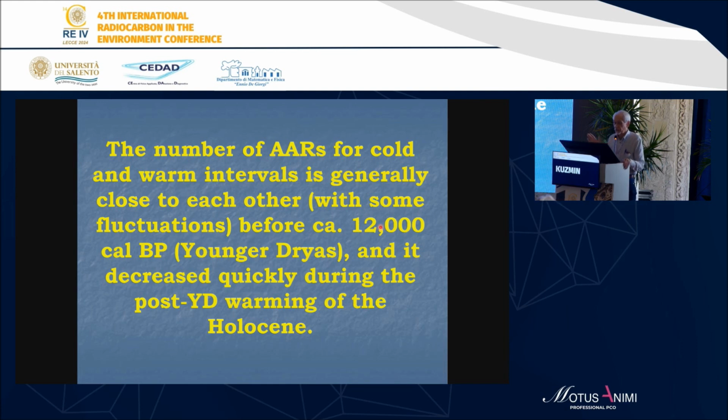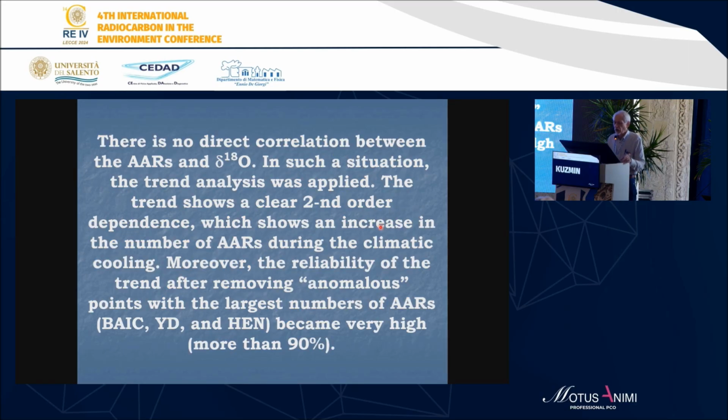And after the Younger Dryas, the mammoth quickly disappeared, and that's all related to the warming here. So, cooling after 12,000, practically no cold stage after the Younger Dryas. But otherwise, warm and cold, it's a pretty similar number, with some fluctuations, of course.